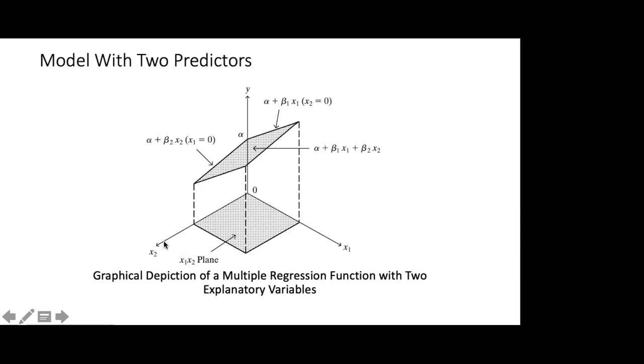All right, I hope that makes sense. So this plane basically has two slopes, right? One along the x1 axis and the other one along the x2 axis, so these two dimensions.